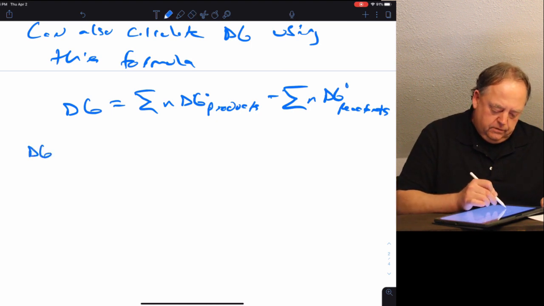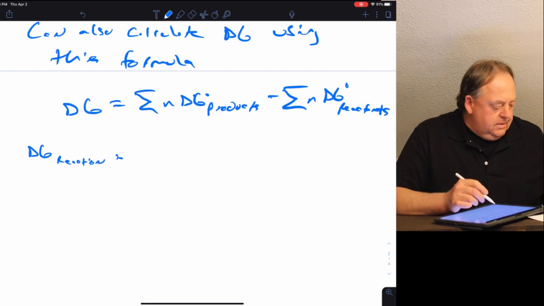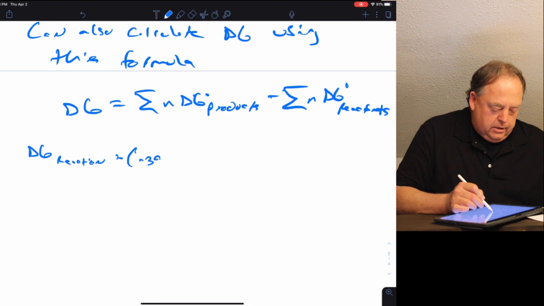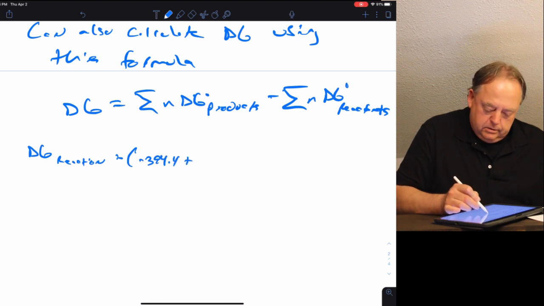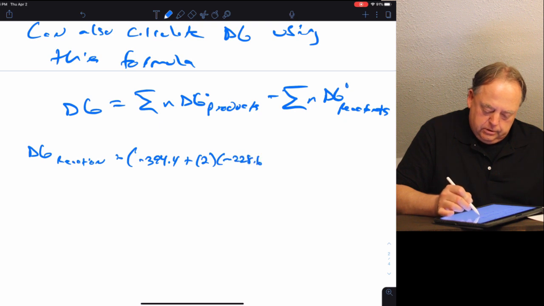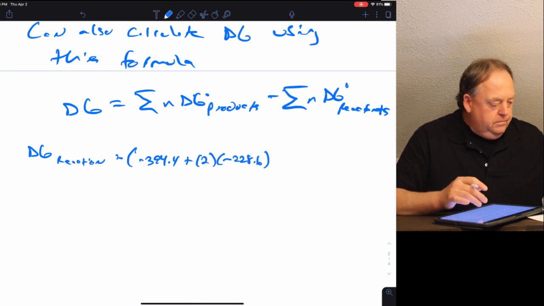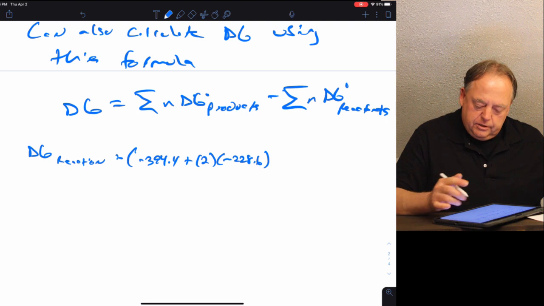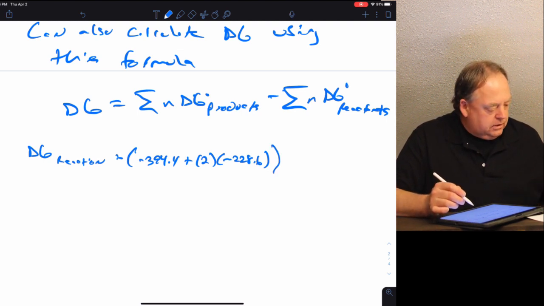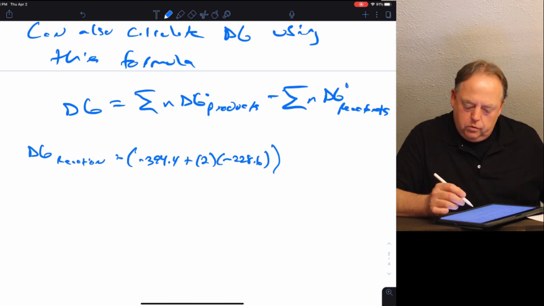So delta G for this reaction is negative 394.4 plus 2 times negative 228.6. That's for the products, so for the CO2 and the water.